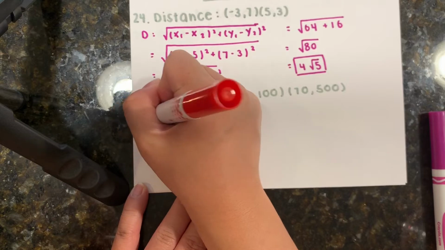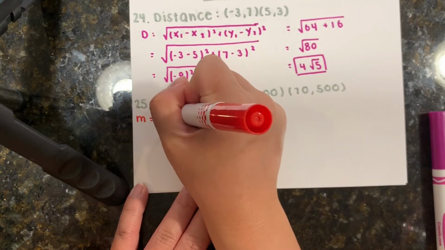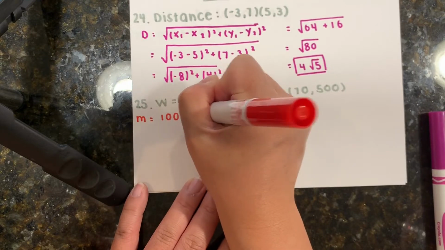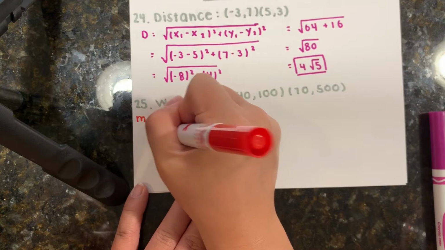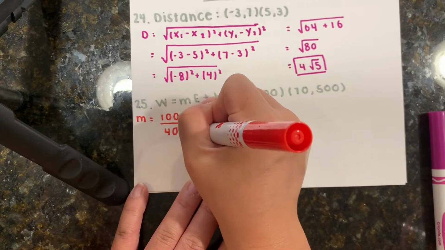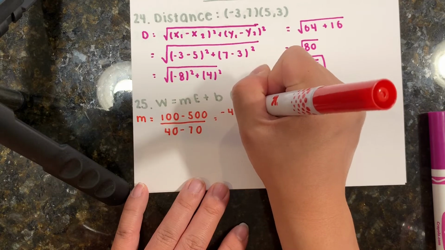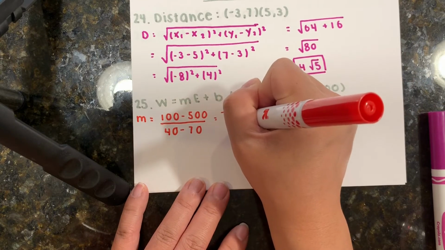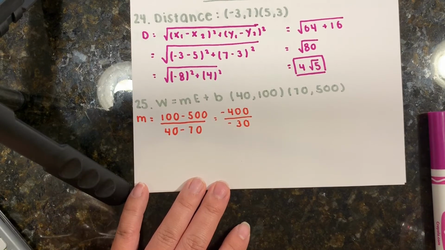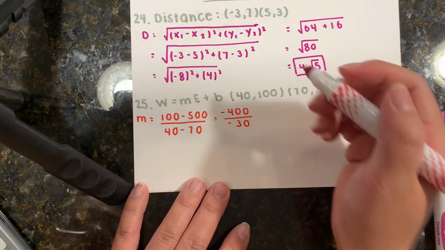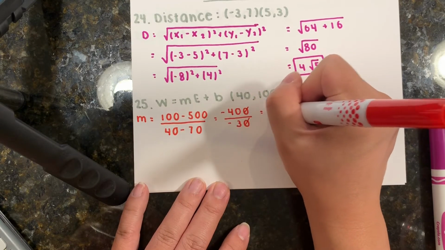So m is equal to y1 minus y2, so 100 minus 500 over x1 minus x2, which would be 40 minus 70. So that would be negative 400 over negative 30. So I think that would just simplify to 40 over 3.